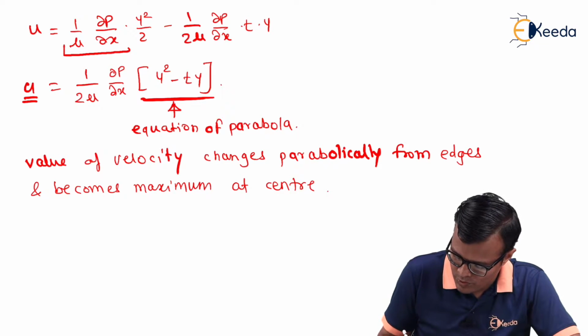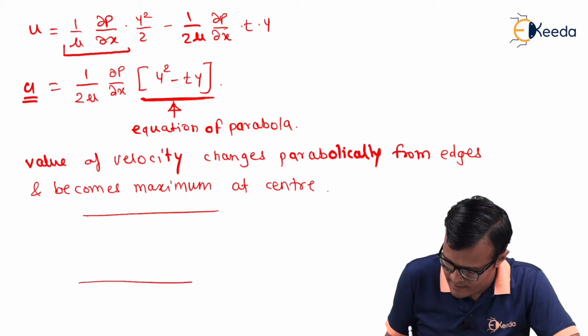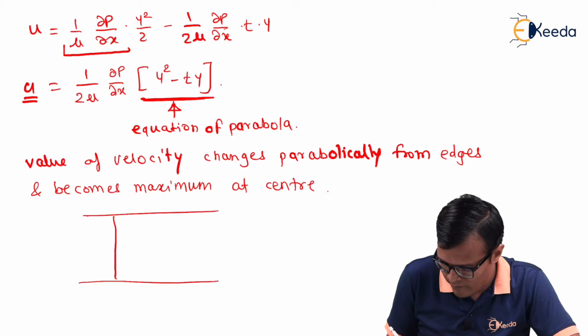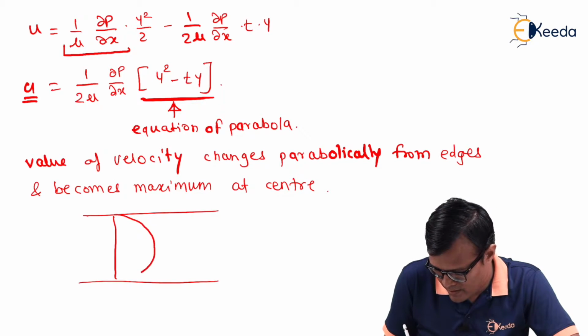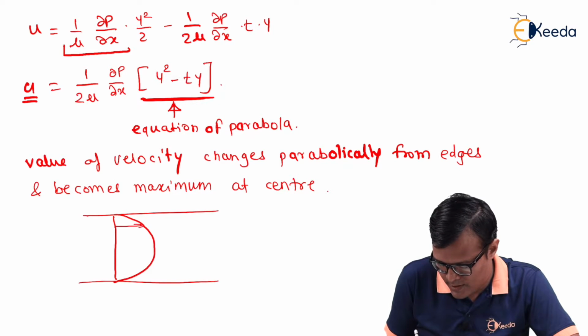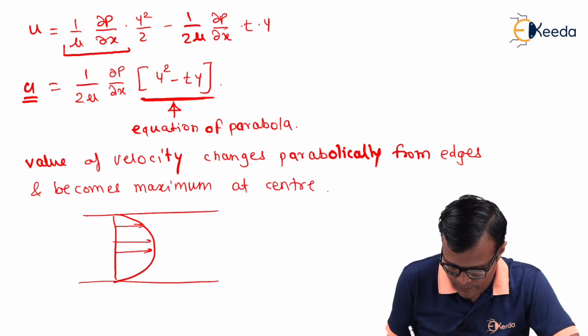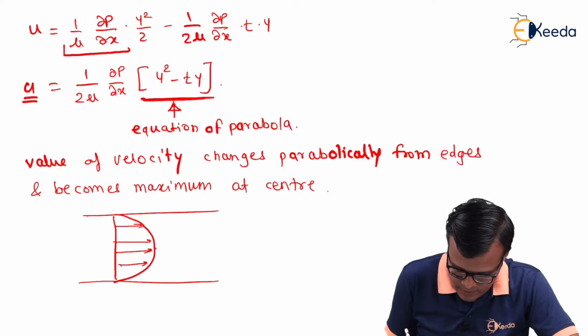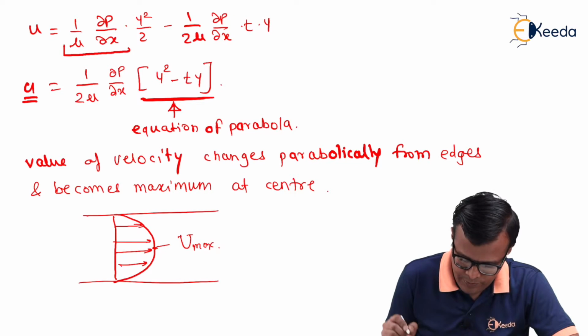So for these two plates, the variation of u will be something like this. So these are the values. Here this value is called the u max value.